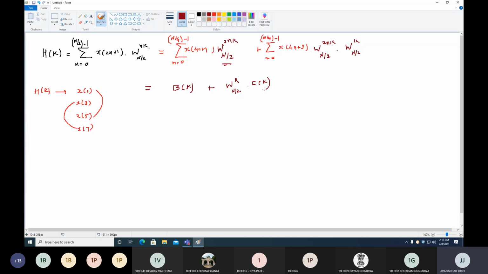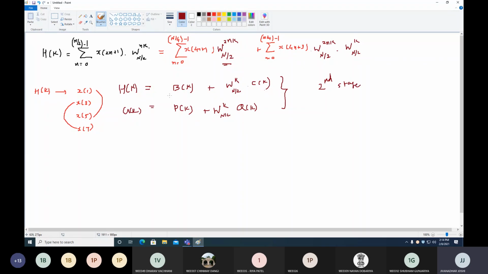Okay, now with this set of equations, that is h of k equal to this and g of k equal to p of k plus Wn by 2 raised to k q of k, you can draw the relation for the second stage.